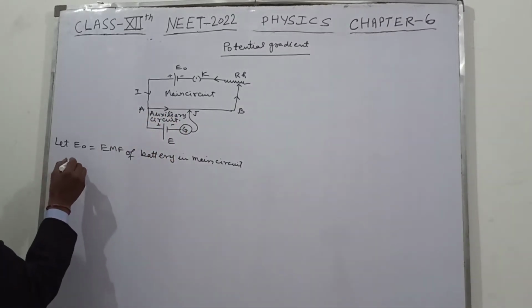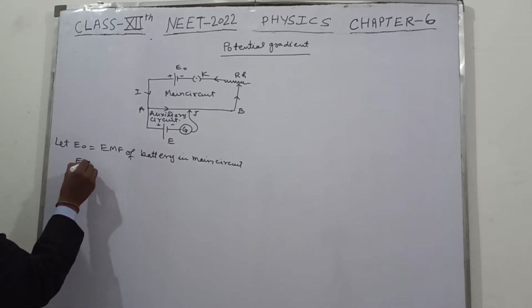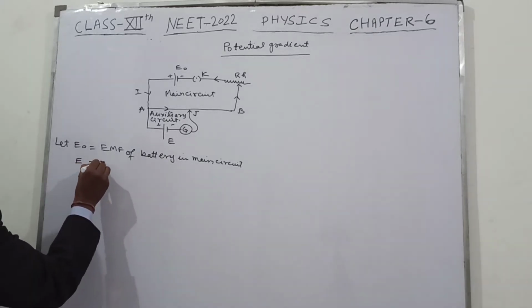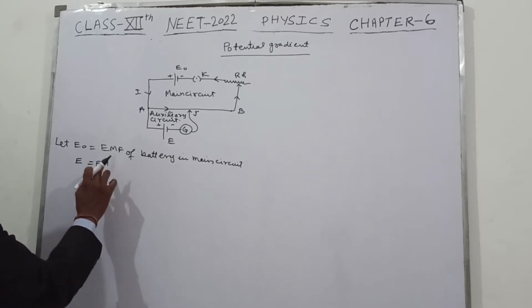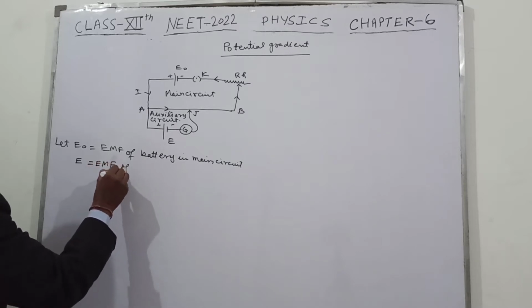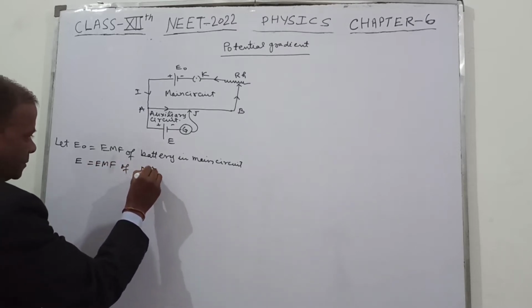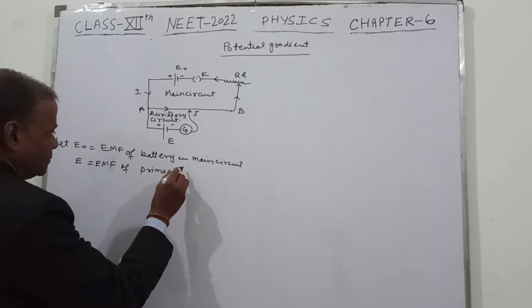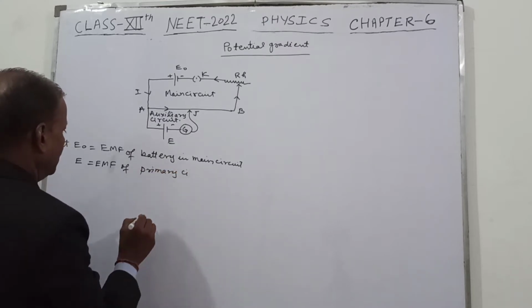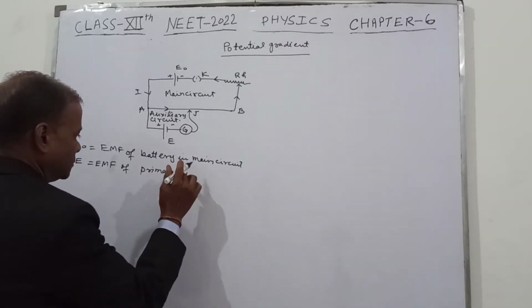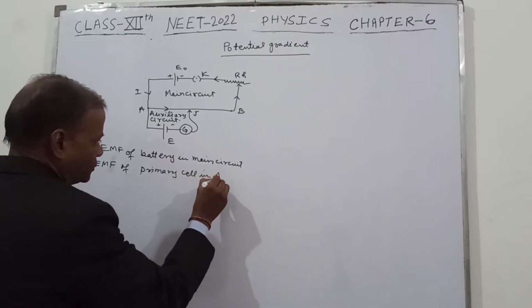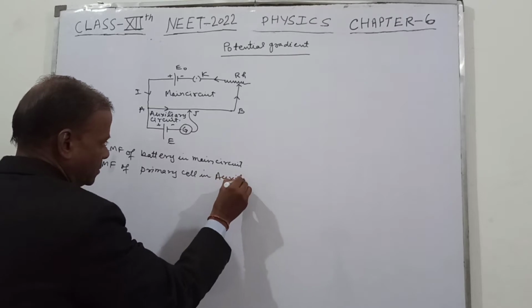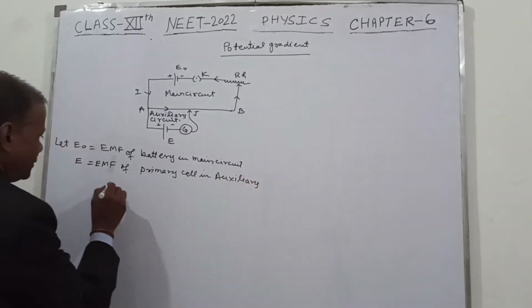And E equal to the EMF of the primary cell in the auxiliary circuit.